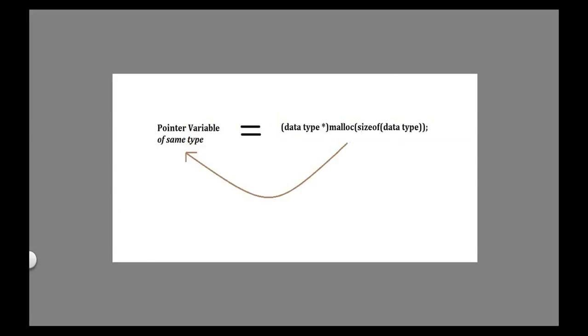Now this sizeof tells the malloc function how much memory should be allocated, and it depends on the data type because each data type needs a specific amount of memory to store information. For example, an int or integer value generally takes 4 bytes of space to store information. So it depends on the data type how much memory will be allocated with the help of this malloc function.